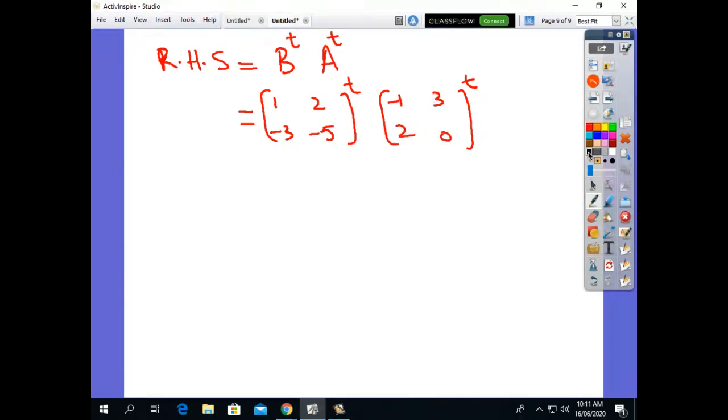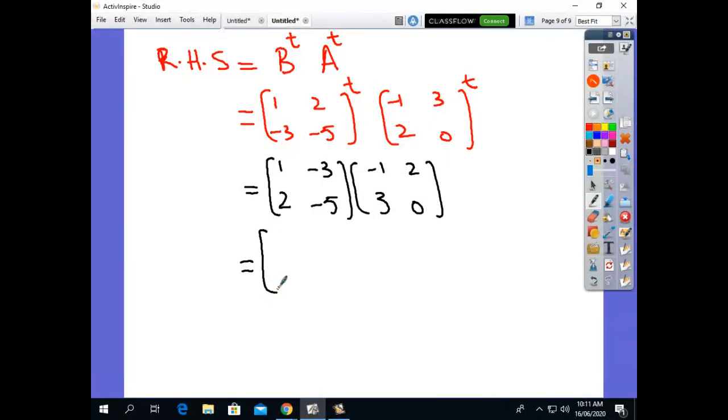First of all, we take transpose and then multiply these two matrices. Taking transpose, in a transpose, we convert rows into columns. That is 1, 2, -3, -5. Similarly, -1, 3, 2, and 0. Now multiply these two matrices. We get 1 with -1 plus -3 with 3.